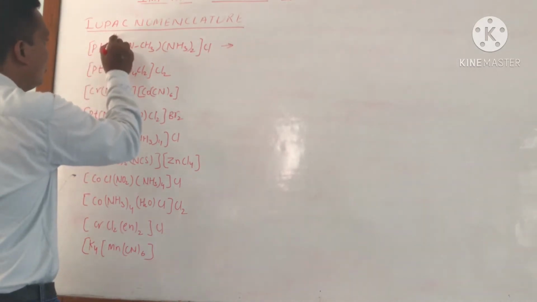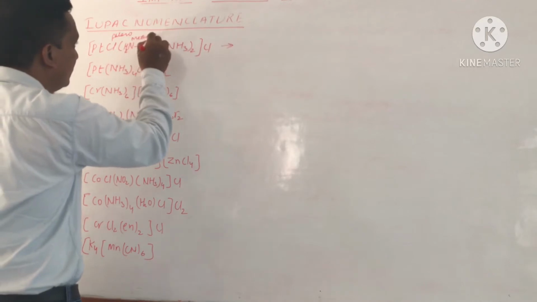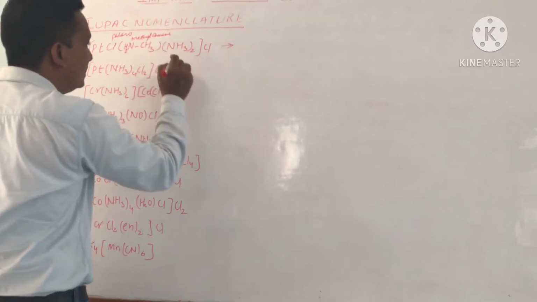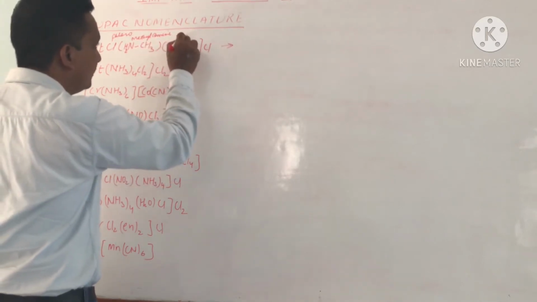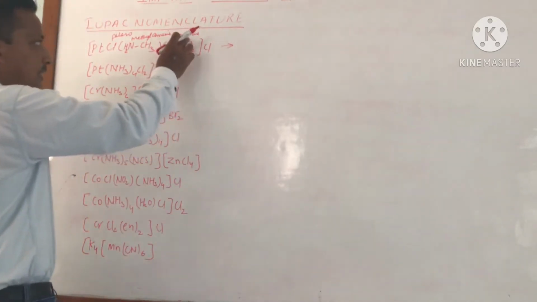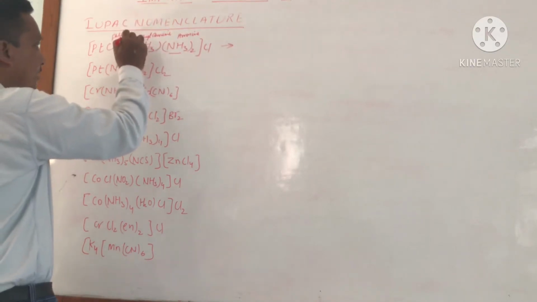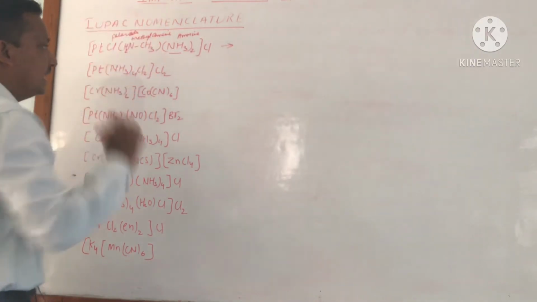This is chloro, this is methylamine, this is NH3, amine. So amine would be alphabetically first we are to write, then chloro or chlorido we can write, then methylamine.